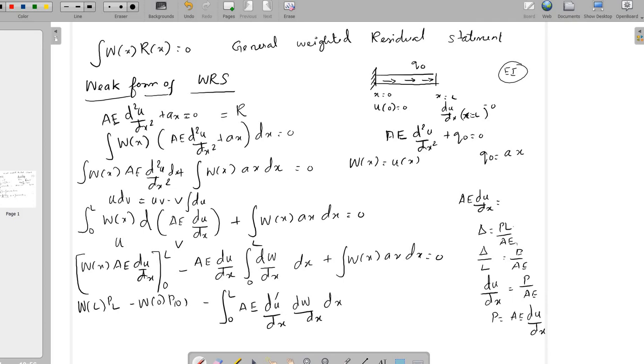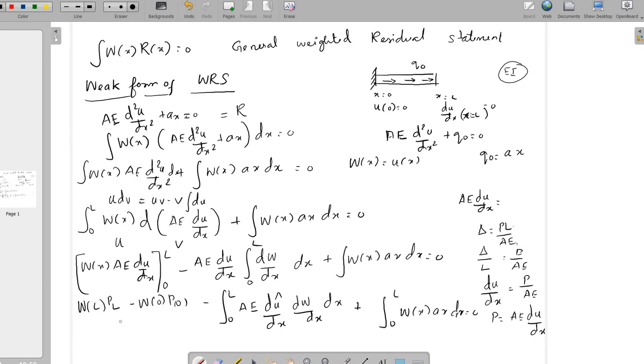Here u is in the vector form, plus integral from 0 to L of W(x) Ax dx equal to 0.